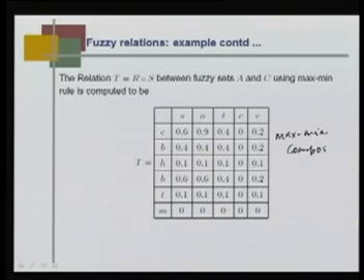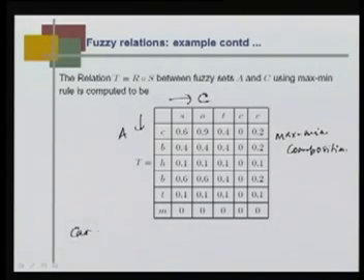This has been found using max min composition, and I explained earlier how to find it. But what I would like to show you here is that the same relation matrix I can also get directly from A and C. A stands for car.